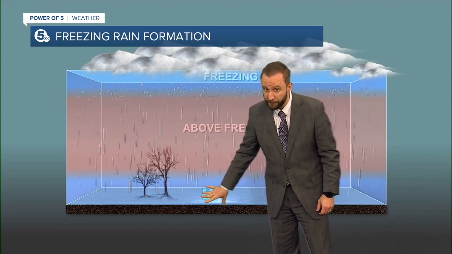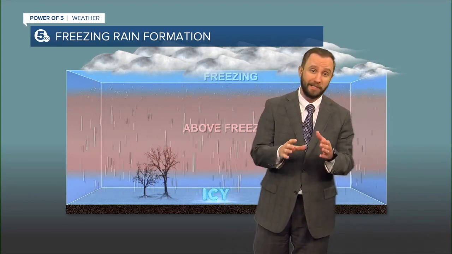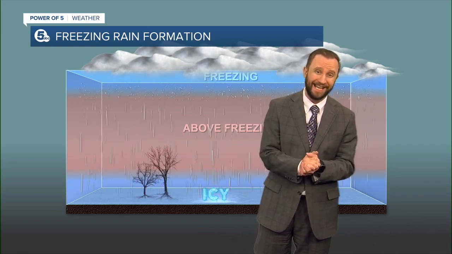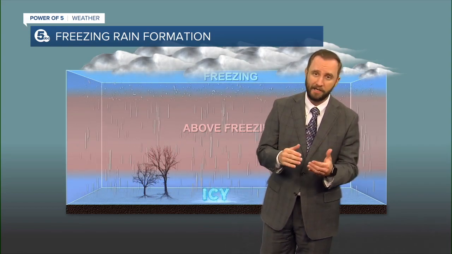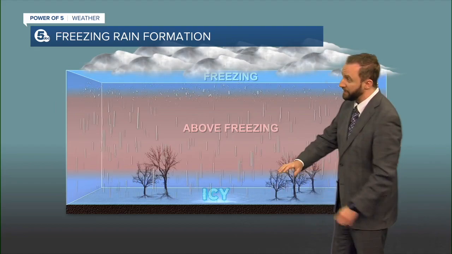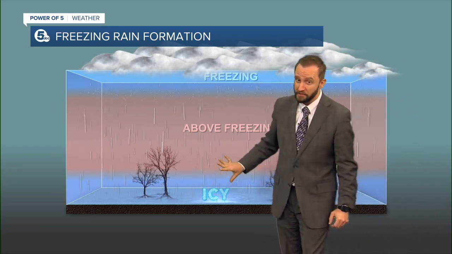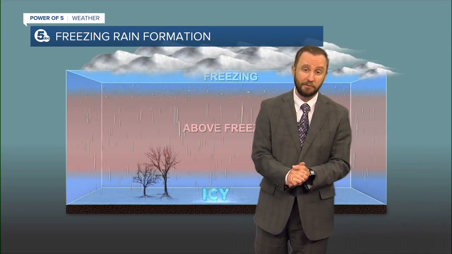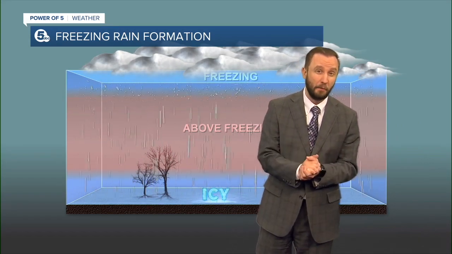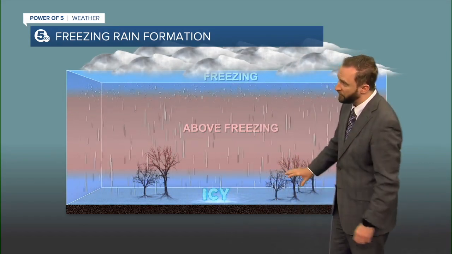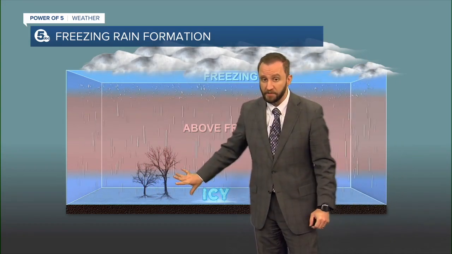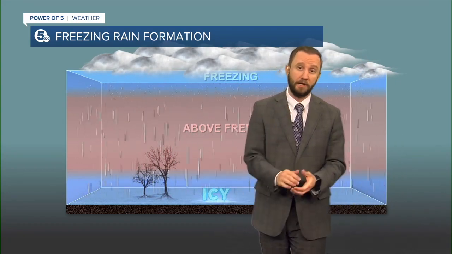But at the surface, if it is very cold, that liquid begins to freeze once again, causing some very icy messes, and that can cause a lot of problems with trees, roadways, and certainly the power lines, as I mentioned. So we're looking at cold temperatures moving into warmer temperatures, and then very cold air at the surface, causing all of that liquid to freeze on contact.